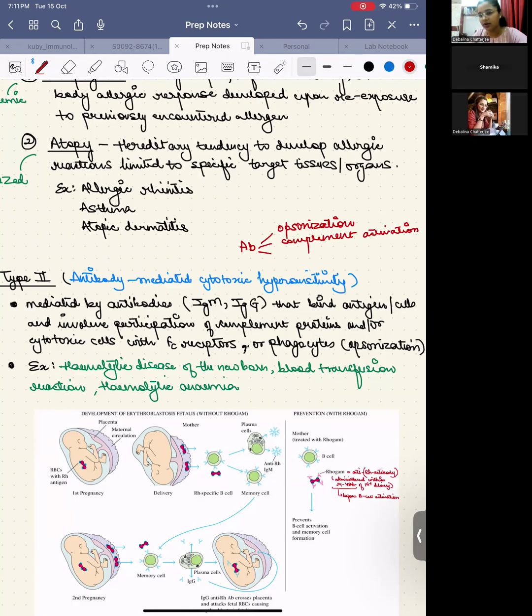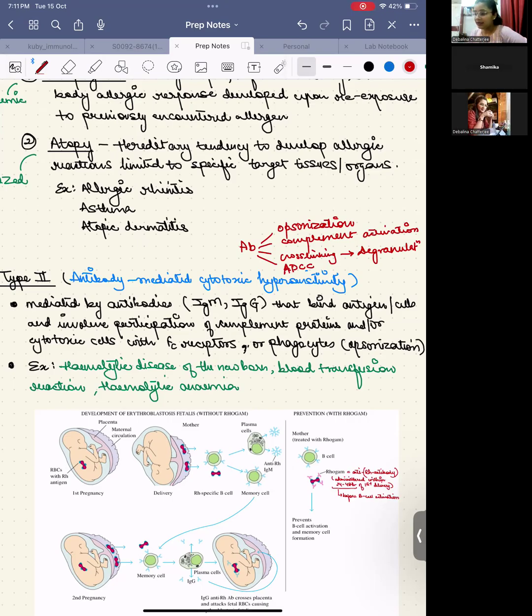So if there's cross-linking, they can mediate degranulation of your cells which have active components packed inside the granules. And we have also learned about ADCC, which is antibody dependent cell mediated cytotoxicity.